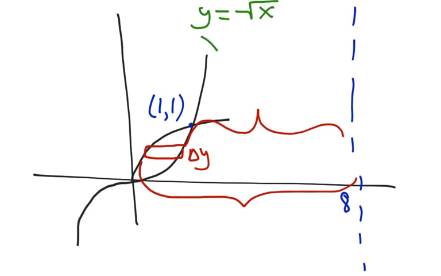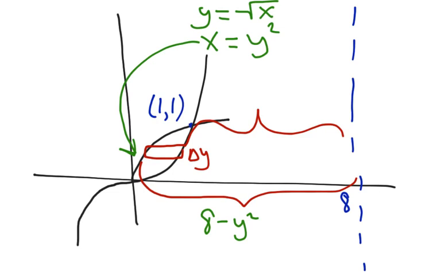So now we're going to have x is equal to y squared. And that's going to help define the outer radius, because our outer radius here is given by this portion over here, which is coming from the square root graph, or x in terms of y, x equals y squared, the upper part of that sleeping parabola. And so the outer radius is going to be 8 minus y squared.